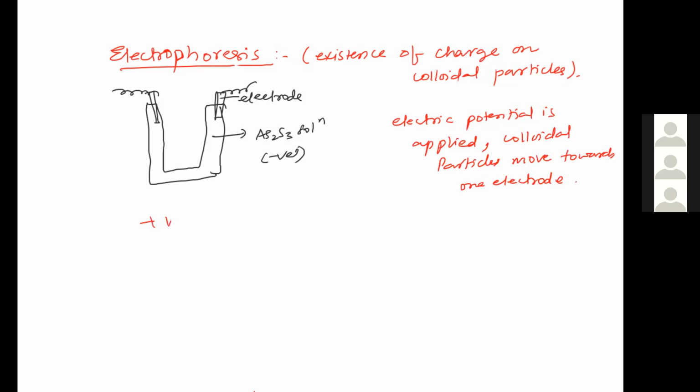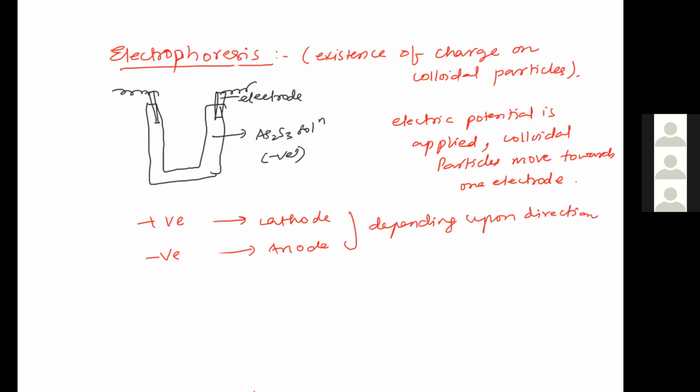Positively charged particles move towards the cathode, negatively charged towards the anode. Depending on the direction of movement, it is called anaphoresis if it is going towards the anode, and cataphoresis if it is going towards the cathode.